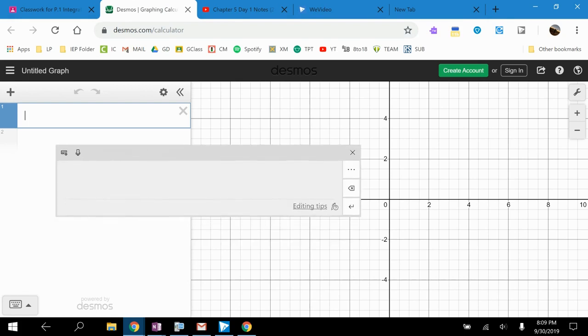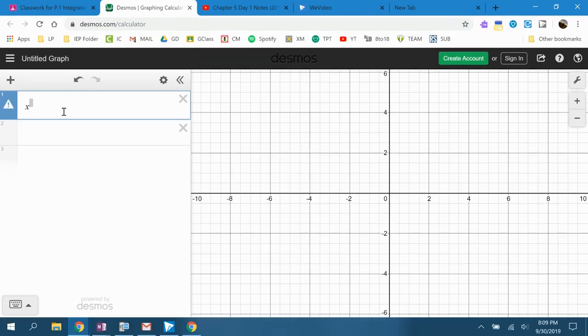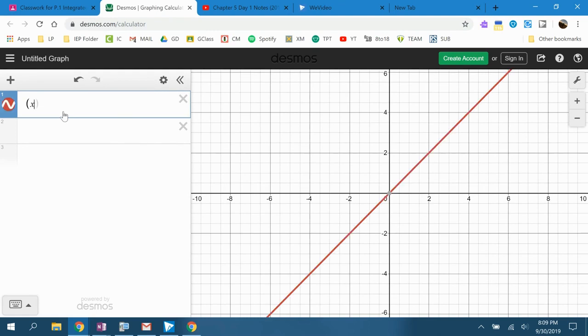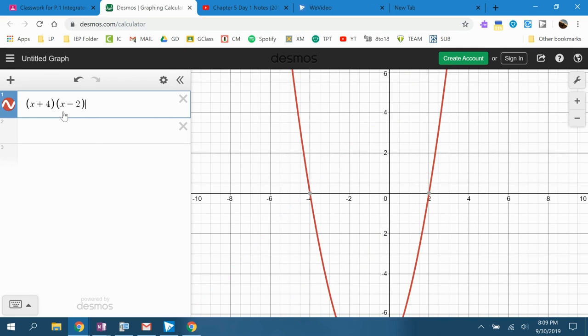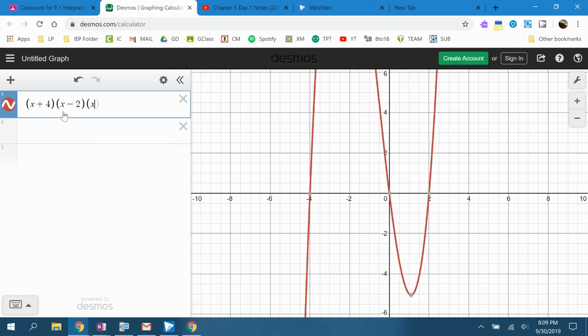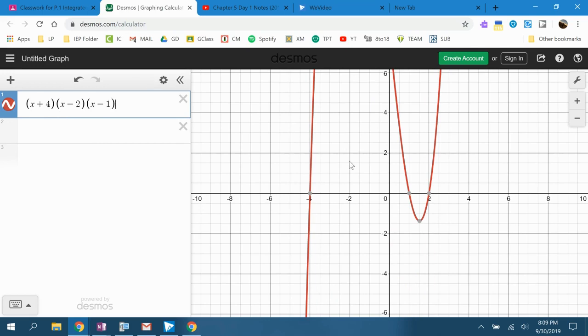So like, let's put in the one that we just did. In Desmos, if you put in x plus 4, x minus 2, x minus 1, you can click the points you want. So if you want a relative min, click it. There it is. Boom. That easy.